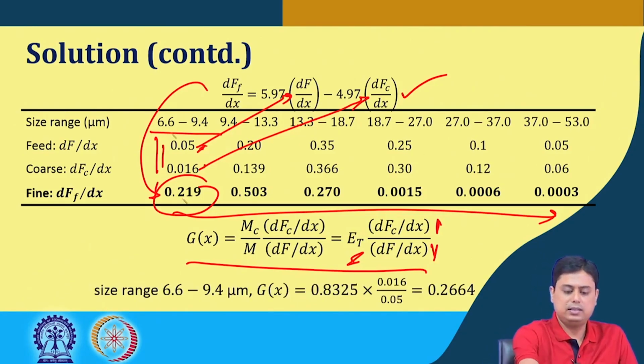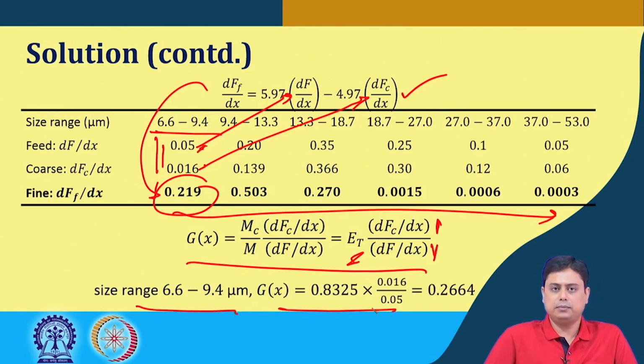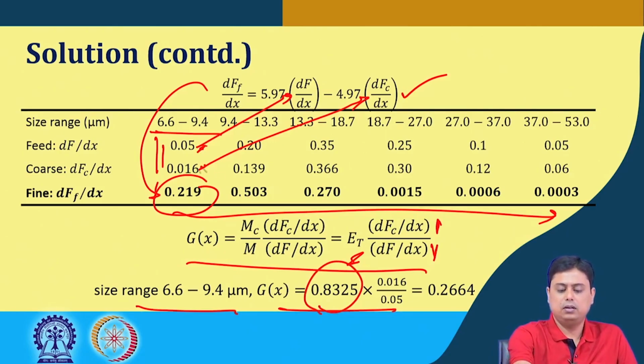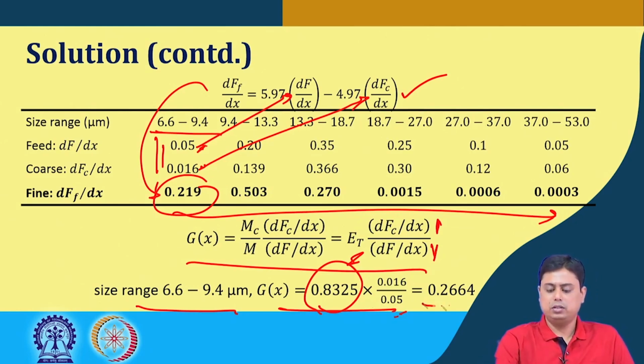Say for the size range 6.6 to 9.4, one sample calculation is given here: it is the total efficiency multiplied by dF_c, 0.016, divided by 0.05, which is 0.2664.